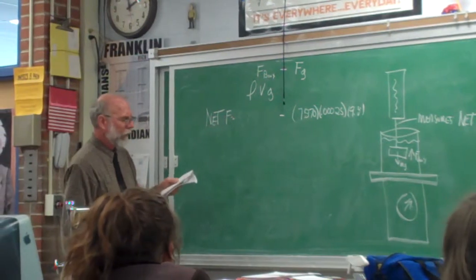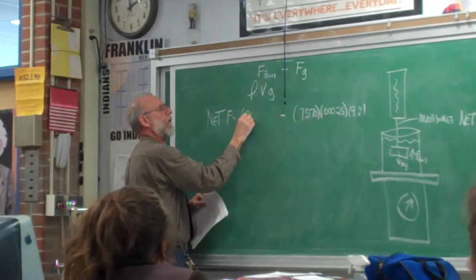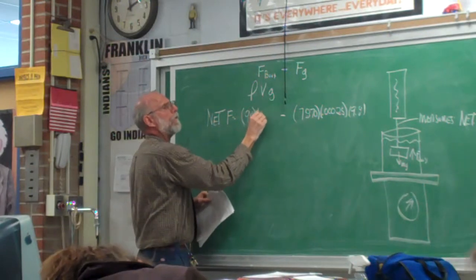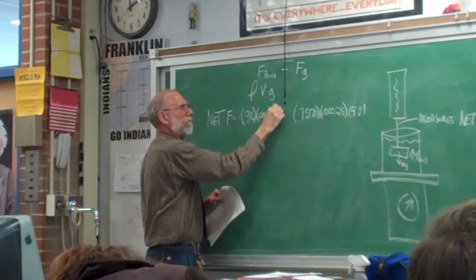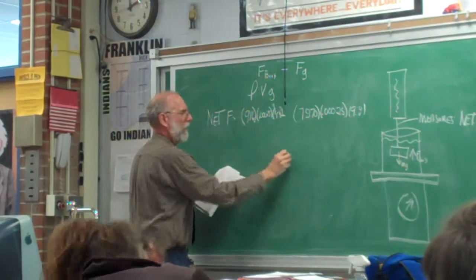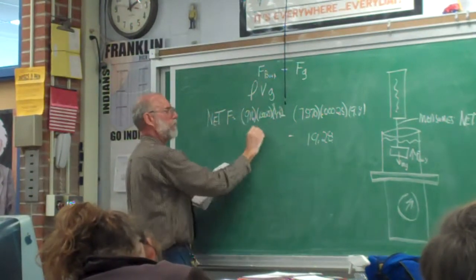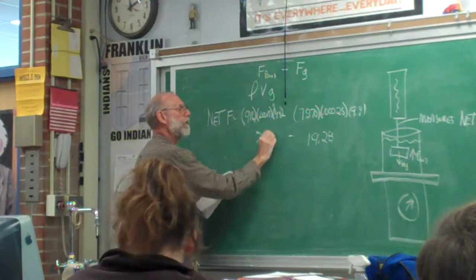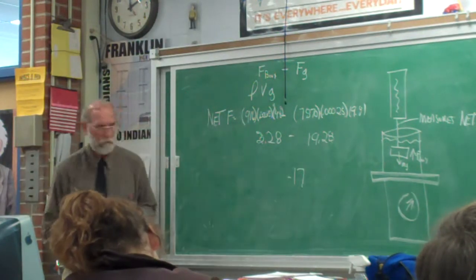And then your buoyant force would be the density of the oil, which is 916 times 0.00025 times 9.8. So what you get is 19.28, and this is 2.28, so you get 17 newtons.